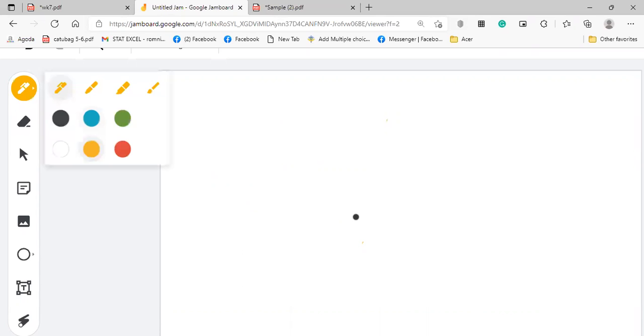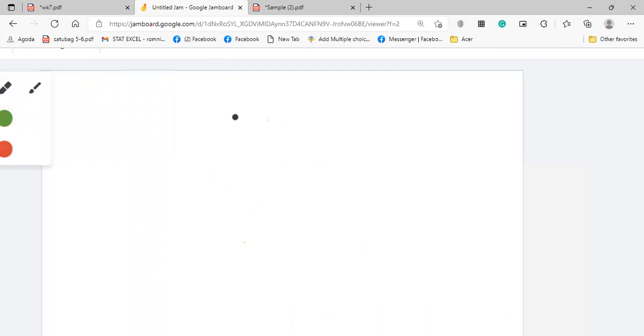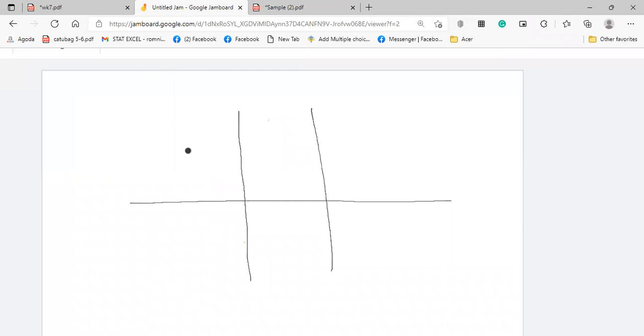Pag hindi maayos yung tawag dito. When the pad is not parallel, wow. Diba? Namitan ko siya ng parallel lines. Okay, this is y, this is x.